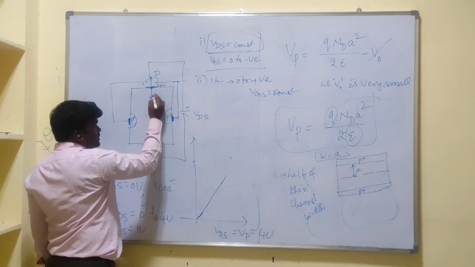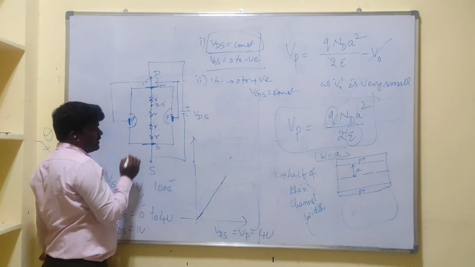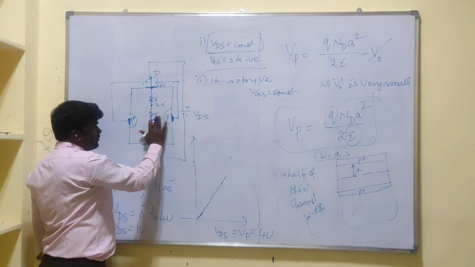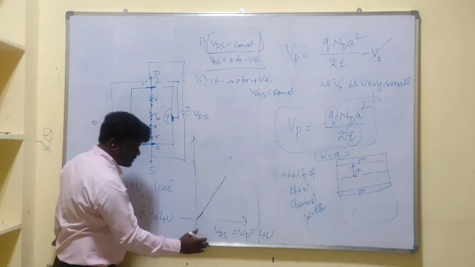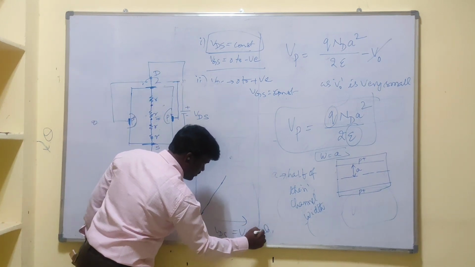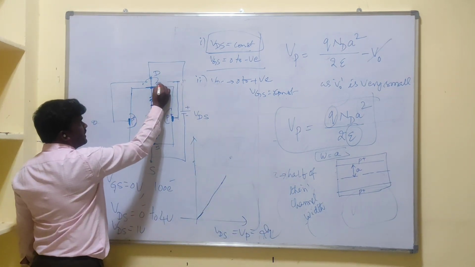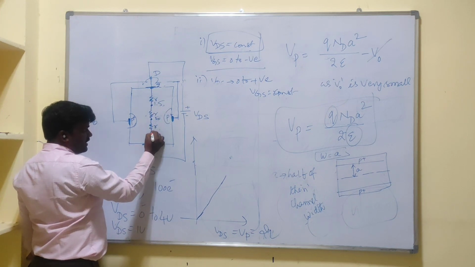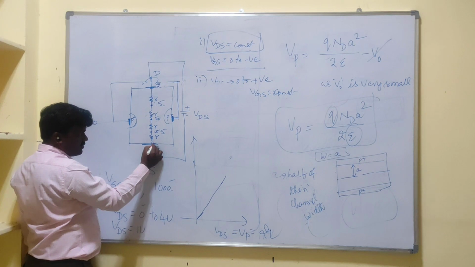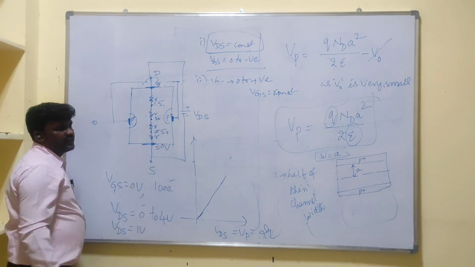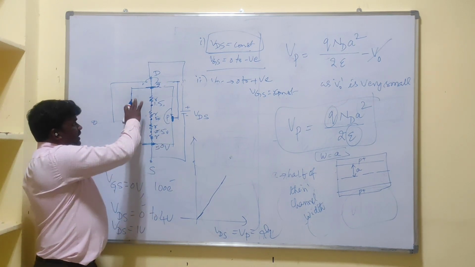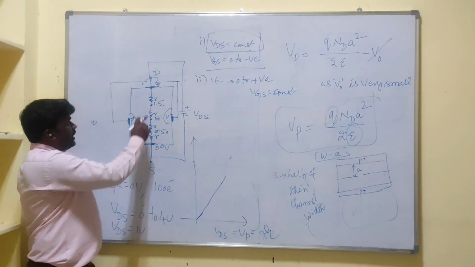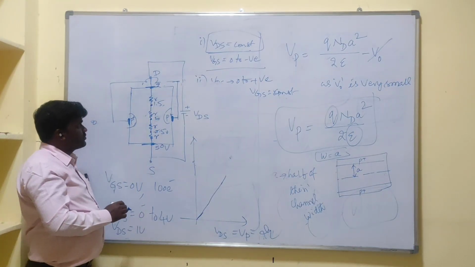If it is 4 volts, at this point it is 3.5, and at this point it will be 3. Let us take, for the understanding purpose, 2 volts only. Pinch off voltage is 2 volts. And here it is 2, here it is 1.5, here it is 1, and here it is 0.5, and at the source end 0 volts. That means at the drain end we have more reverse bias voltage.